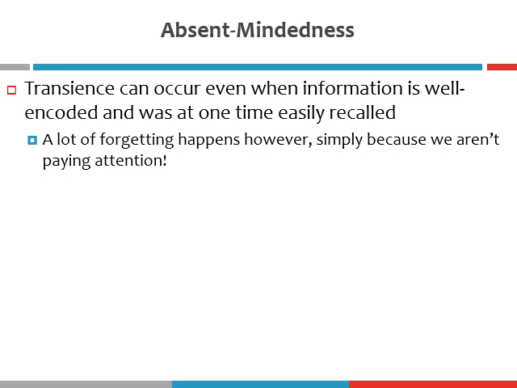Again, if we look back at the modal model, the way that we move information from sensory memory, a brief snapshot of whatever sensory information is coming in, to short-term memory is we have to pay attention to it, right? So attention is a really, really important control feature of our memory system that allows us to retain information.